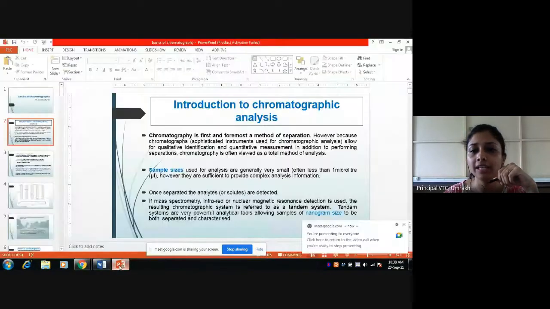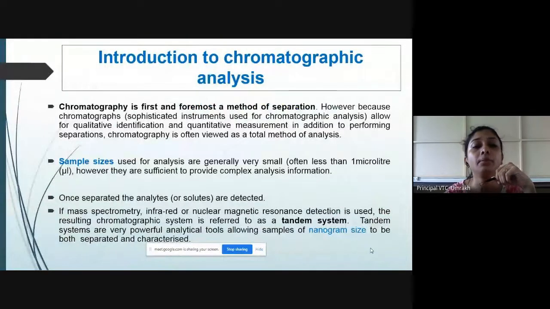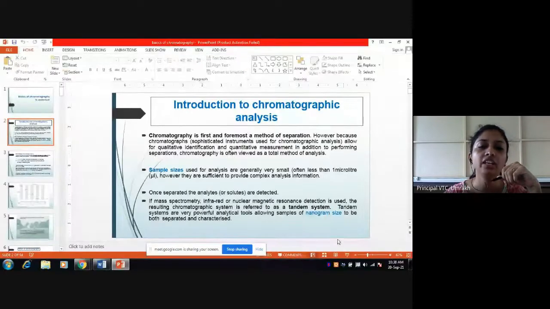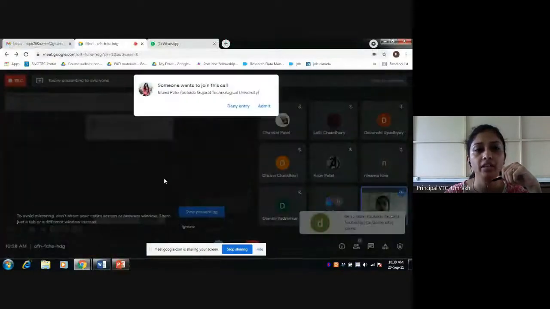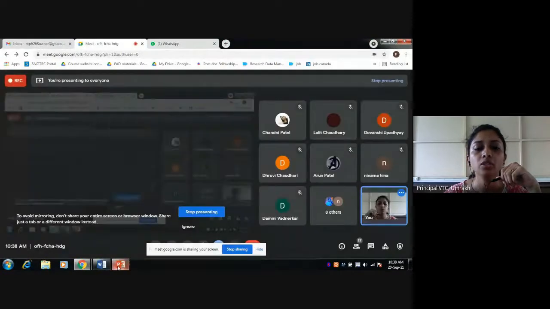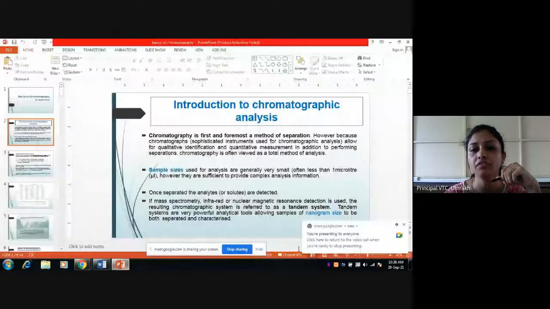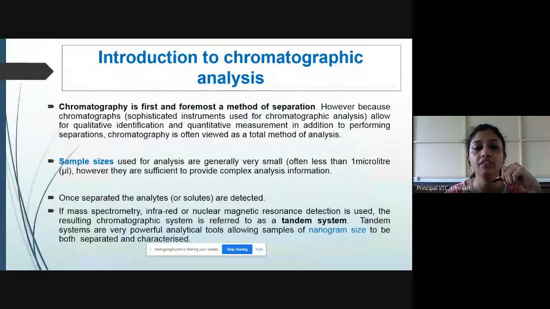But in HPLC, if we optimize our mobile phase properly, we can analyze 20 to 25 samples together. So that is the main advantage of chromatography: we can analyze very complex mixtures, separate them, and get information about the components present in the sample.